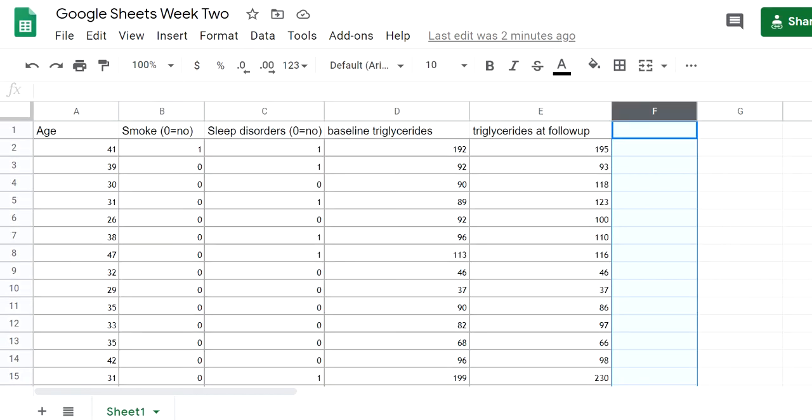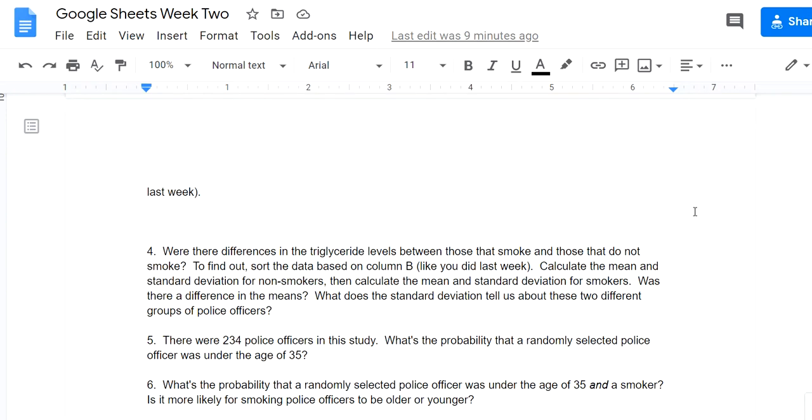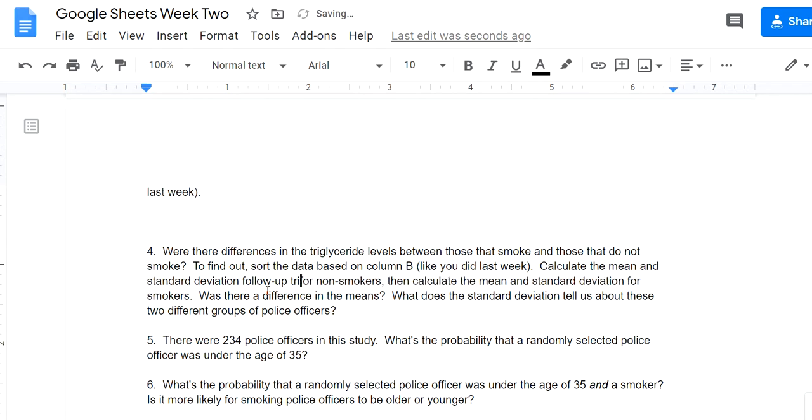Now it should be easier for you to calculate the mean and standard deviation for non-smokers than the mean and standard deviation for smokers. Was there a difference in the means? And here, I'm going to add more specific language. Calculate the mean and standard deviation follow up triglyceride levels.